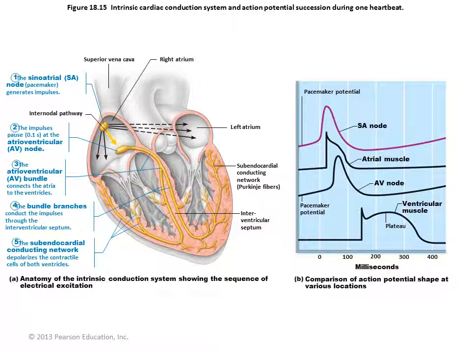Subendocardial conducting network is the complete pathway through the interventricular septum into the apex and ventricular walls, and it is more elaborate on the left side of the heart. AV bundle and subendocardial conducting network, which are Purkinje fibers, depolarize, and ventricular contraction immediately follows from apex toward atria.